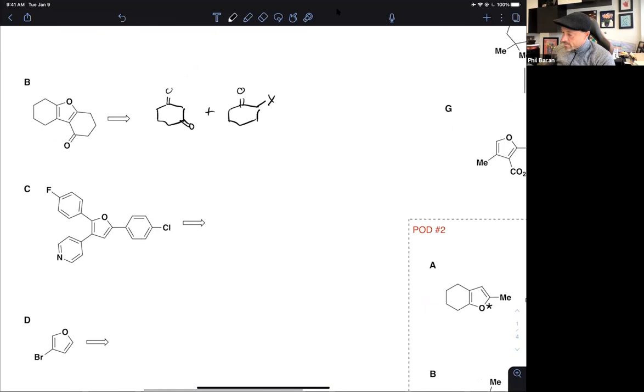How about C? What are the logical disconnections here? Are we going to do Suzuki city, where we've got multiple different halogens and we try to stitch it together? What do you think is a good strategy here, Carter?